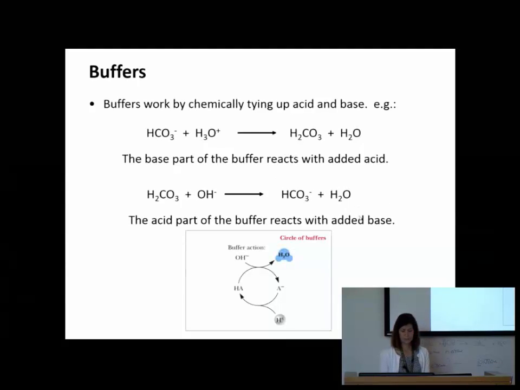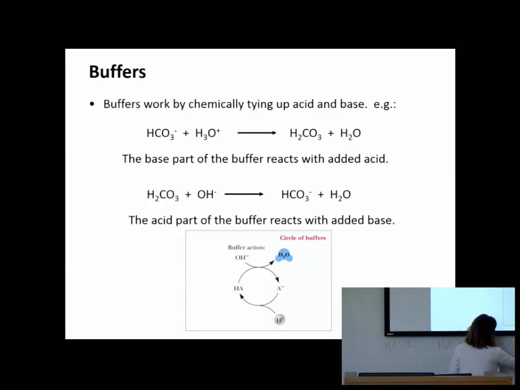Let's write it in general form instead of the example. So I have a buffer that's HA and A minus. I have significant amounts of both. The acid part of the buffer will react with added in base to produce the base part of the buffer and water.